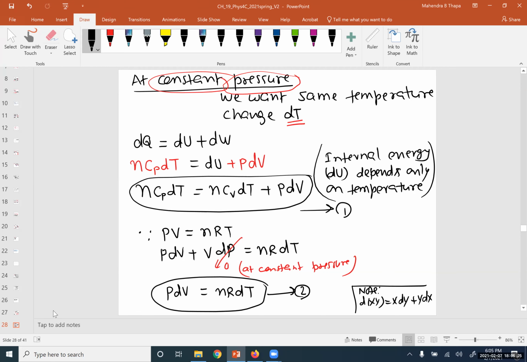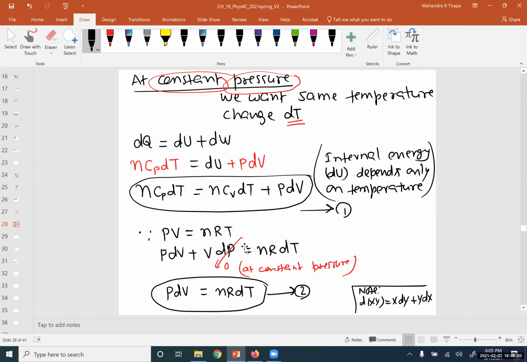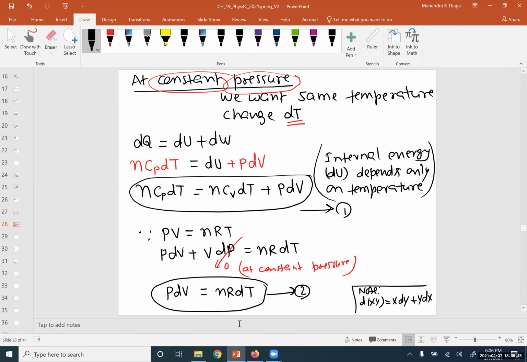So n Cp dT equals n Cv dT plus, with p dV replaced by nR dT, nR dT.